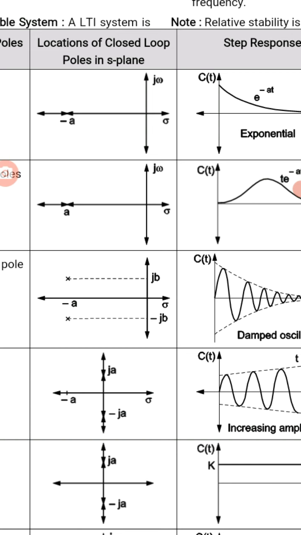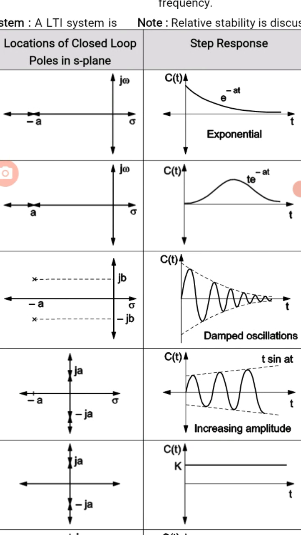Denominator relates with the poles of the system and numerator relates with the zeros of the system. If the denominator equation is solved, if it is a second order system, there are two poles, and those poles lie on the left hand side of the S plane and on the X axis.